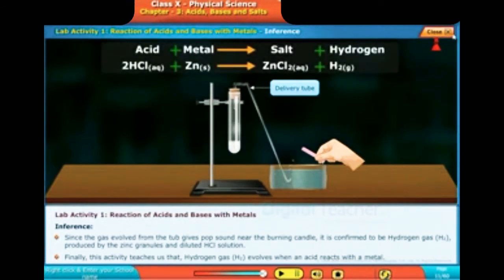So what is the reaction? When acids react with metals, they form salt and hydrogen. The equation for the conducted activity is 2 molecules of dilute hydrochloric acid reacting with zinc granules to give zinc chloride, ZnCl2, with the liberation of hydrogen gas, H2.